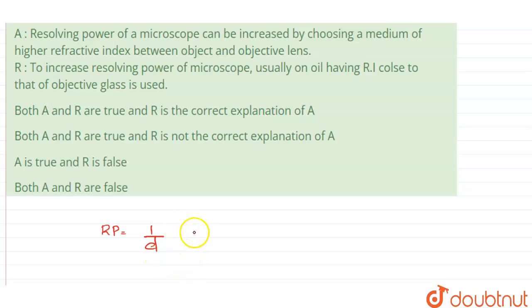So 1 by D is equal to 2n into sine theta divided by 1.22 into lambda. Now, what is this n and lambda? n is the refractive index of the medium that is between the object and the objective lens, and lambda is the wavelength of the light used in that particular medium, which happens to be in between the object and the objective lens.